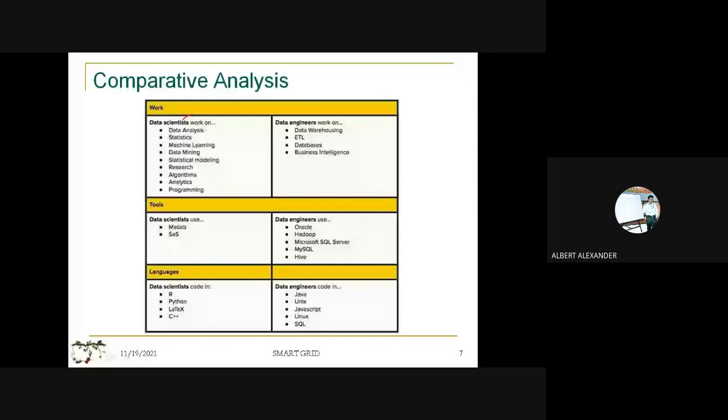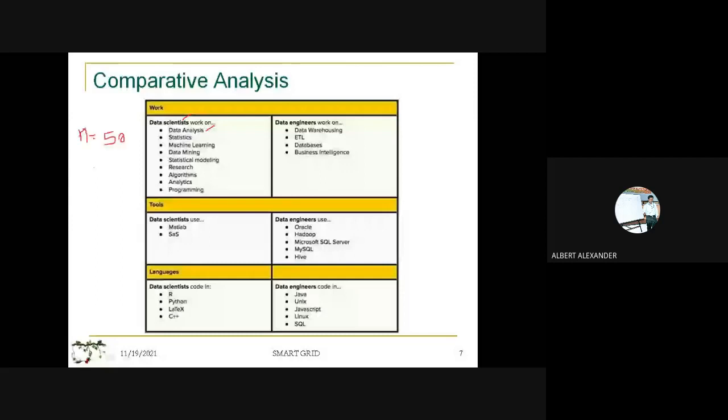Here you can see the difference between data analysis and data analytics. Analysis means where the data scientists work with the analysis. We collect a set of data. Let us say I'm collecting 50 data points with reference to voltage, current and frequency.